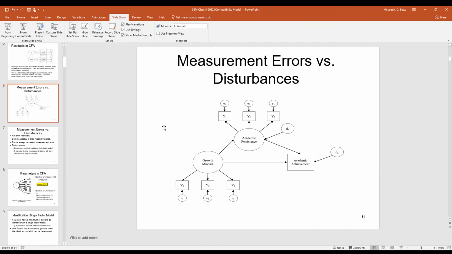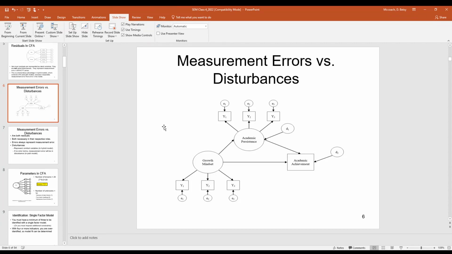And if you contrast that to the academic achievement variable, where notice academic achievement is just one observed variable, that disturbance variance is a combination of measurement error and unexplained variance, variance that can't be explained by academic persistence and growth mindset, right?